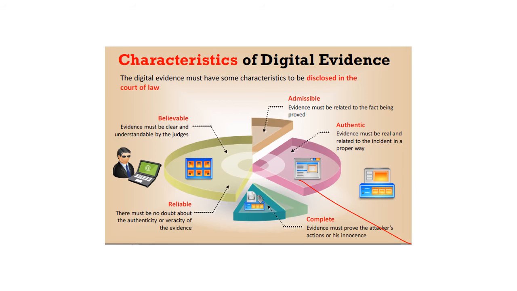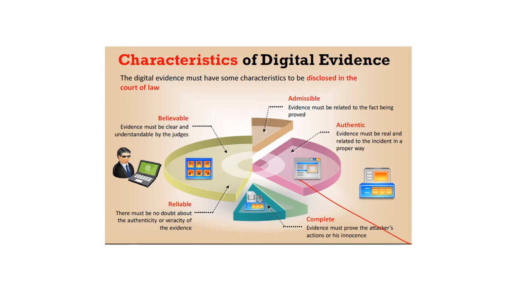When we say digital evidence should be admissible, we're simply saying evidence must be related to the fact being proved. There has to be a relationship that coexists between the facts and what needs to be proved. That's what we call admissible.